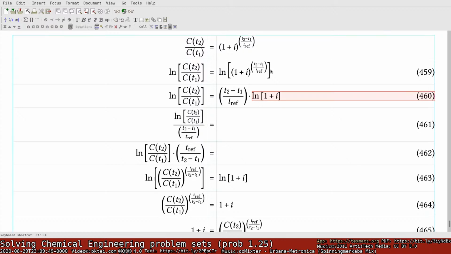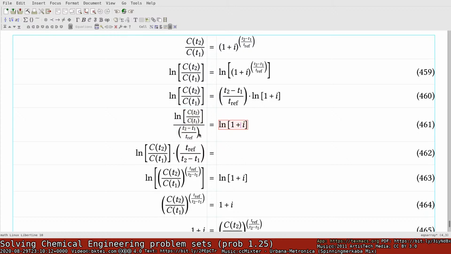Equals that, and then that's when I... Oh, that's what I did. That's better. So taking the natural log of something that's raised to an exponent, that exponent becomes a product outside the logarithm, and then we divide by that product. So we get that on the other side, leaving this behind.